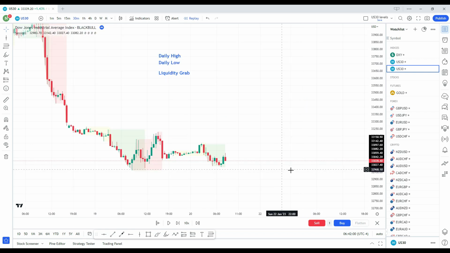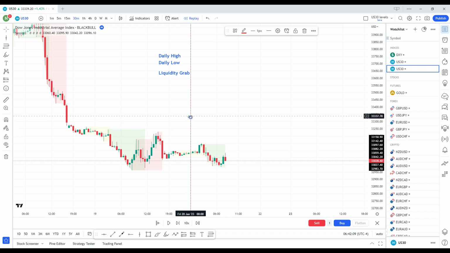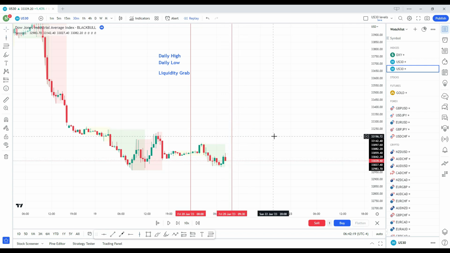So for the daily high and the daily low, you need to mark the New York midnight open, and also the 9:30 open. Since we want to trade the New York session, you draw a line for the daily high between this midnight and 9:30 open.